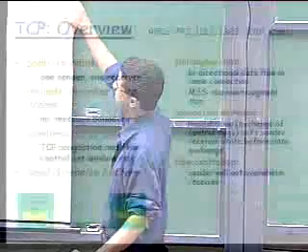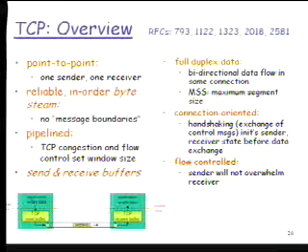These are the various RFCs which define TCP and the variations and improvements that have happened to TCP over the years. Originally in the Internet design, if you have heard of ARPANET, TCP and IP were part of the same protocol. And I think in the late 70s or early 80s, TCP and IP broke off.